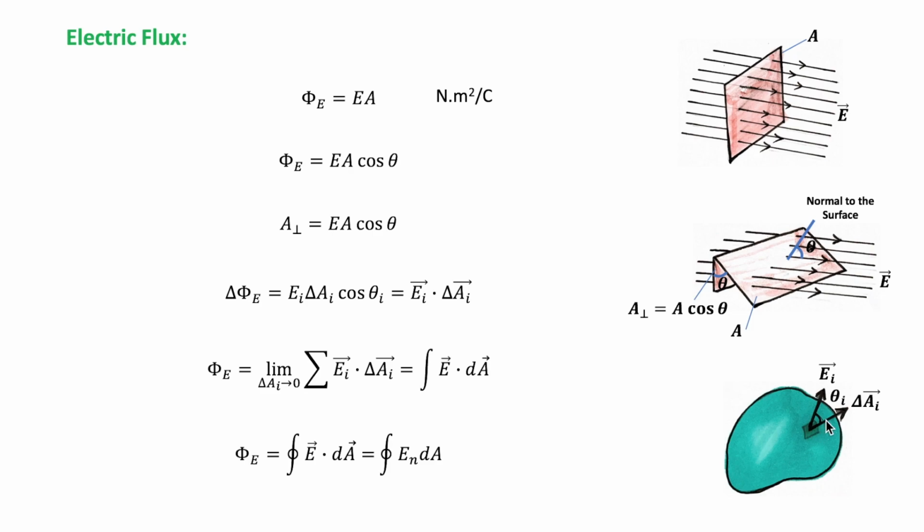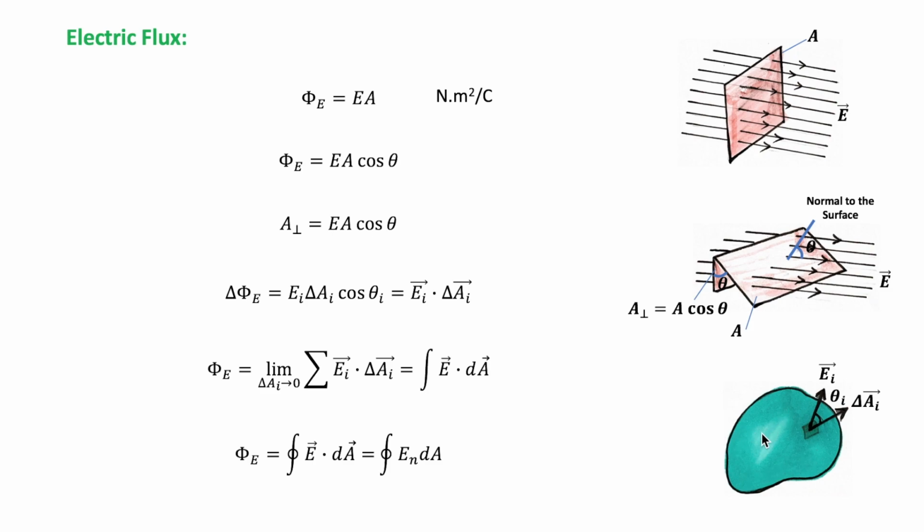So we can define this vector delta A_i as the area of the ith element whose direction is perpendicular to the surface at that point. So delta A_i is directed in different directions for various surface elements.